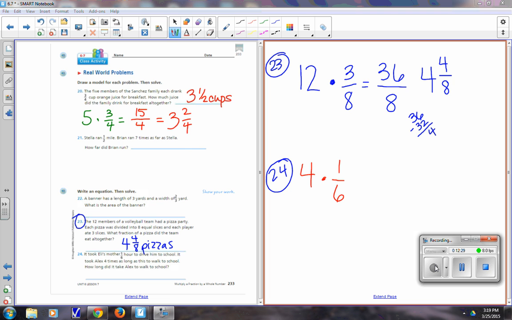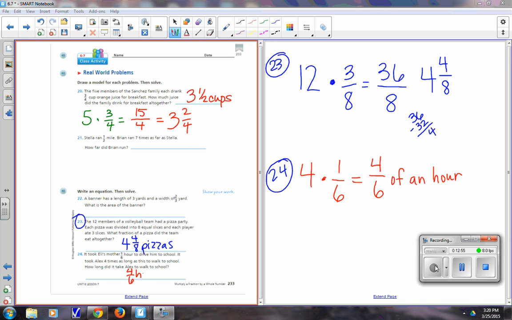So we need to multiply that 1/6 of an hour 4 times to find out how long it took Alex to walk to school. So 4/6 of an hour. Multiply straight across the top. So your answer is 4/6 of an hour.